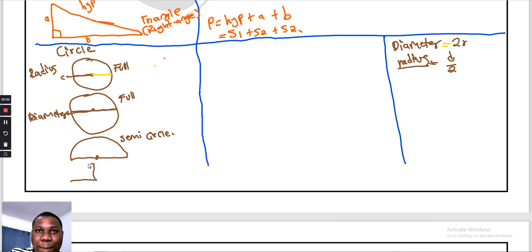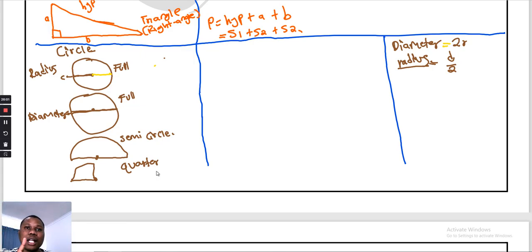I've tried. Okay. So this one is a semicircle. But what is this one? This one, we call it a quarter circle. This is a quarter circle.